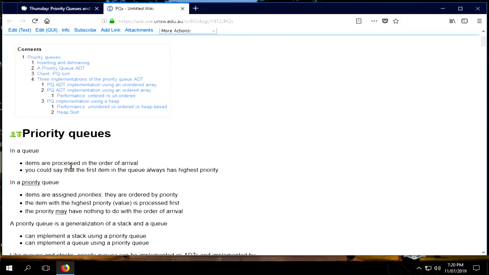Items are normally processed in the order of arrival in a queue. In a priority queue, they're given this concept of priority, but that's not true in a sense. I always find the name misleading. There's no priority level as you would get in some kind of access privilege system.